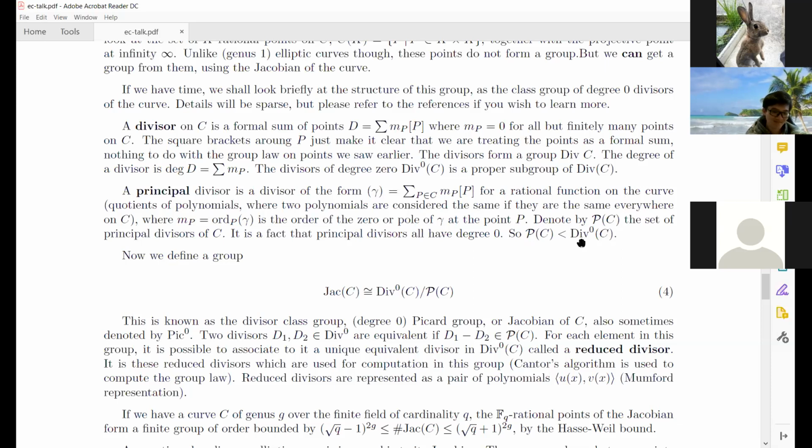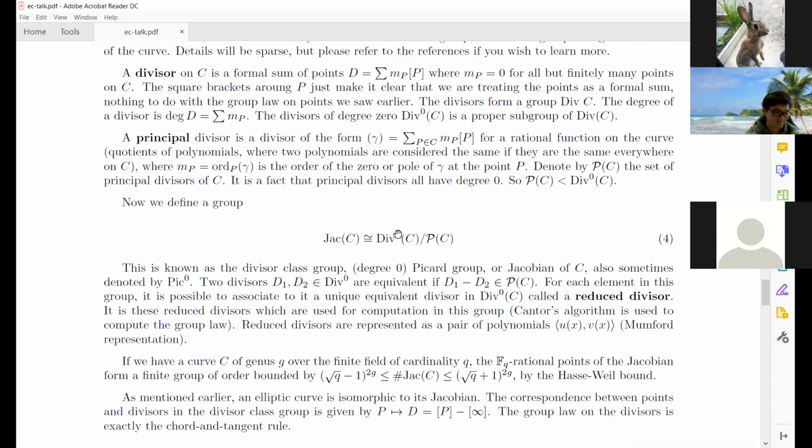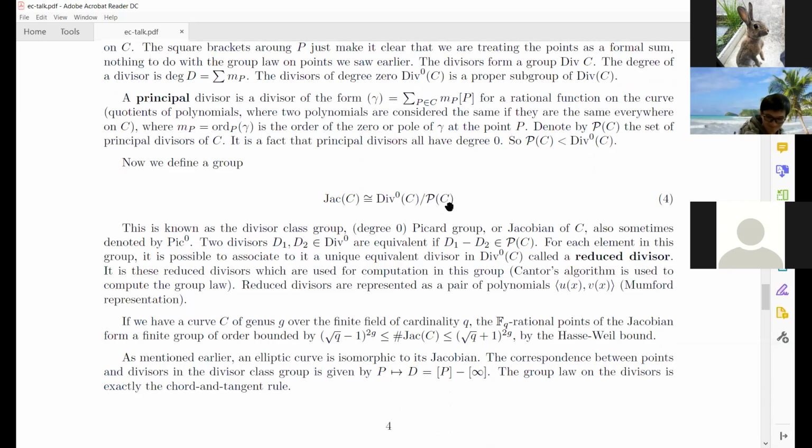That's really non-obvious, and apologies that I'm brushing over the details here, but that's the main idea. You've got this special set of divisors that come from functions inside the general set of divisors, which are just these formal sums of points. And because of that, you can define the quotient group of degree 0 divisors, quotient by the principal divisors, the special ones that come from functions.